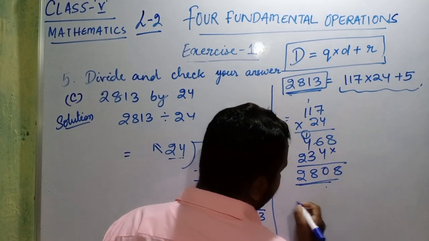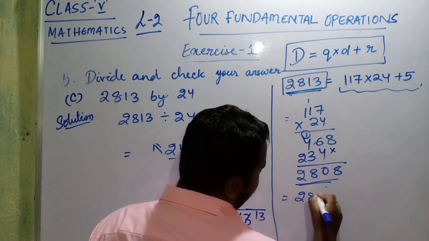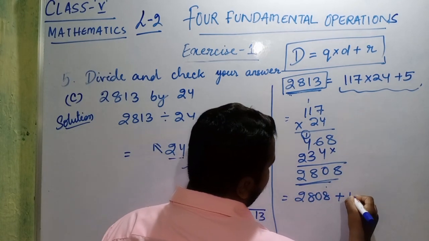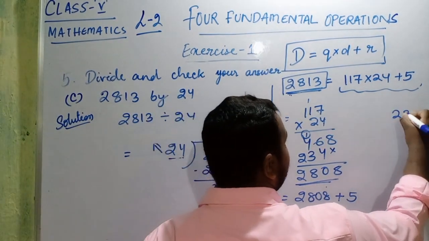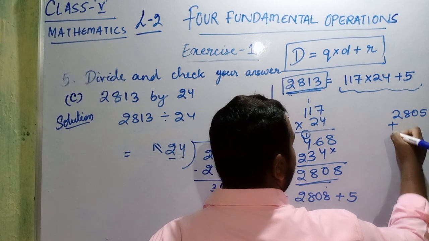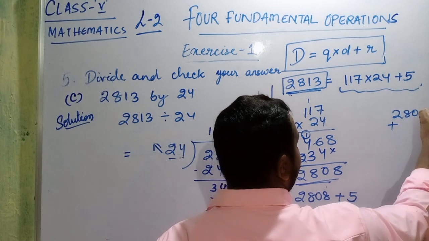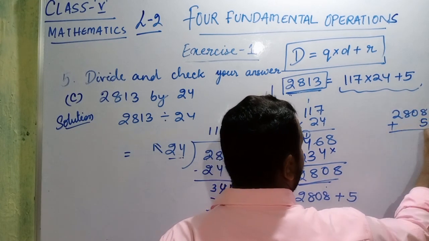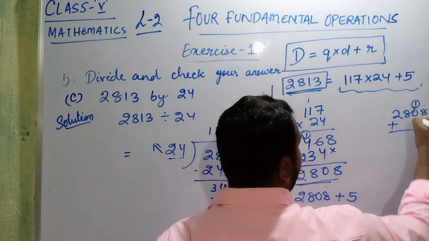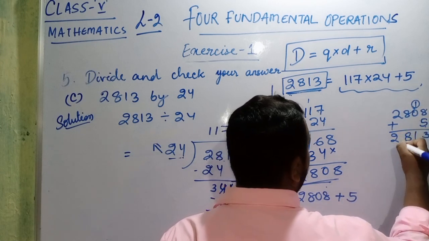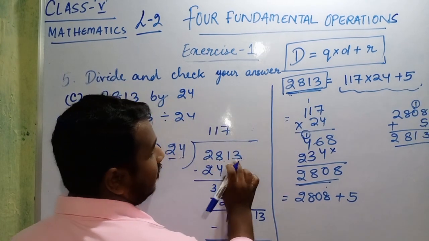Now you will take the next step. 2808 plus 5. How will you do it? You will do this one. 2808 plus 5. 8 plus 5 becomes 13. Carry 1, 8, 2, and 3 here.